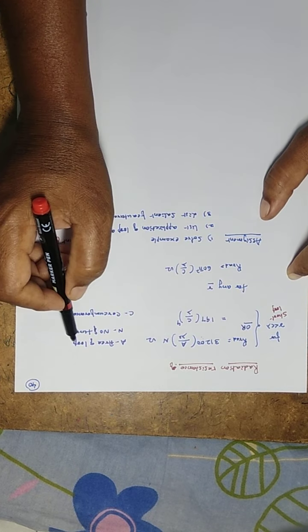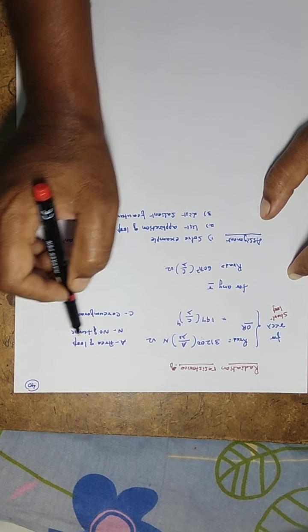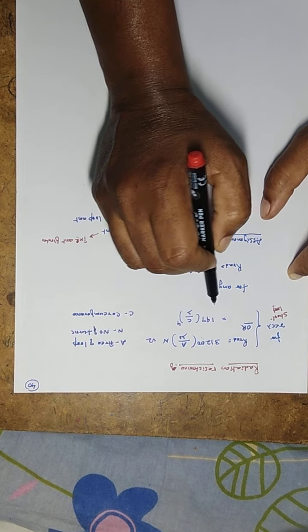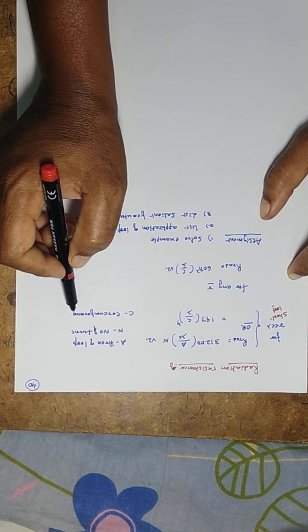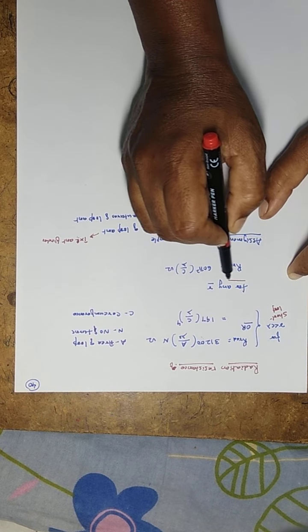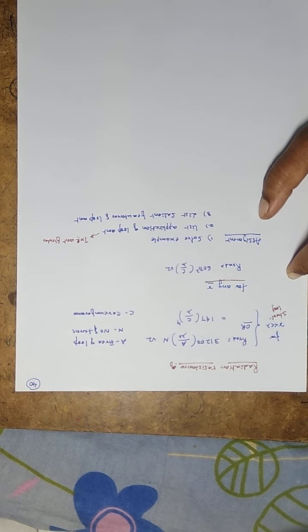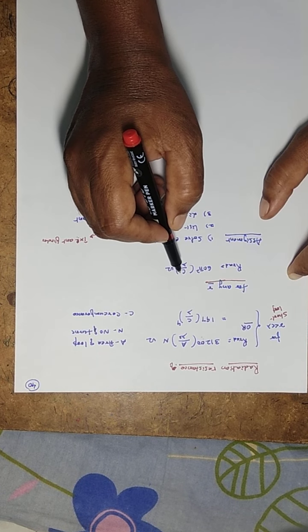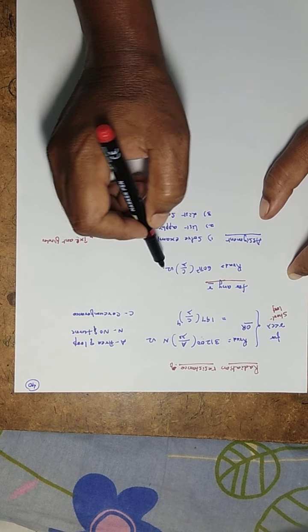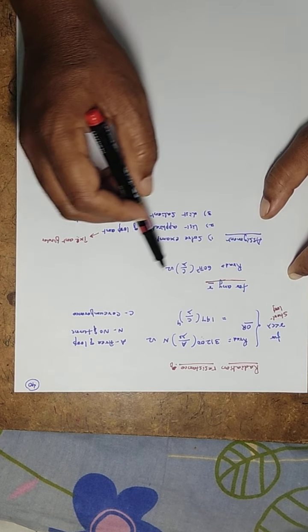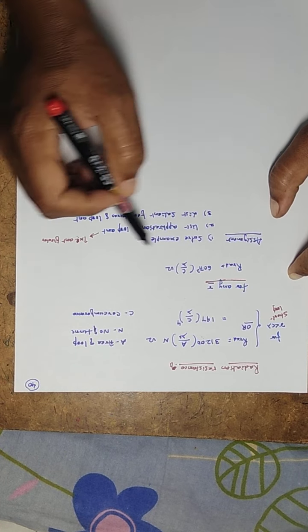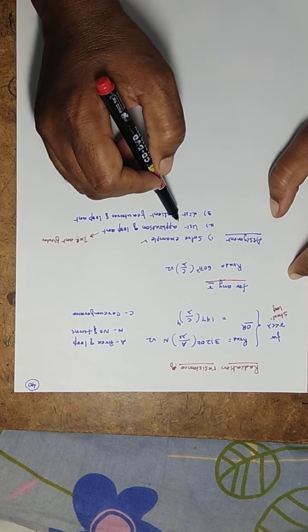Where A is the area of the loop and N is the number of turns. You can rewrite this as 197 into C by lambda, where C is the circumference. And next, for any radius irrespective of lambda, radiation resistance is given by 60 pi square C divided by lambda ohms.